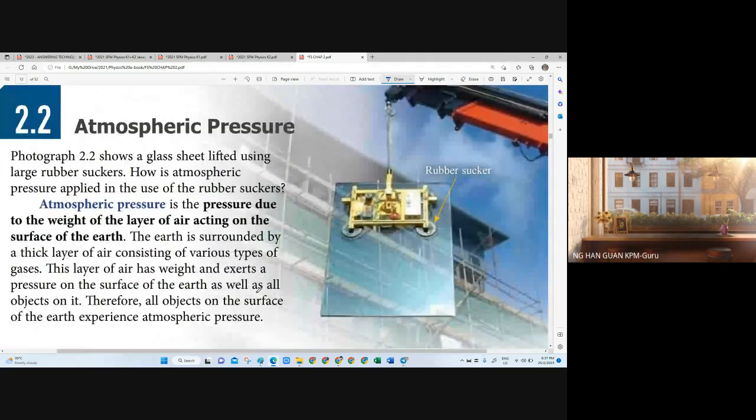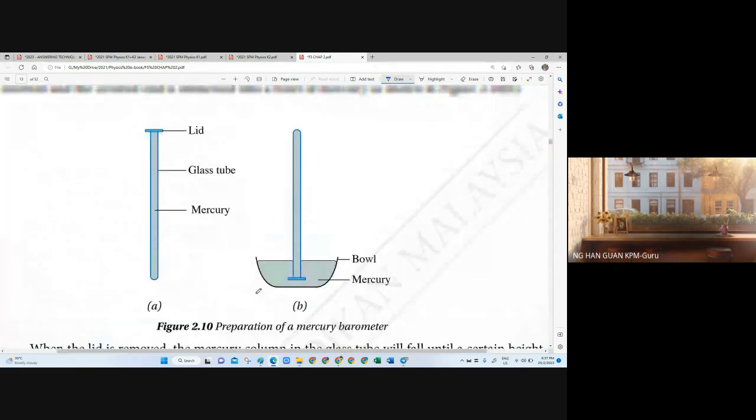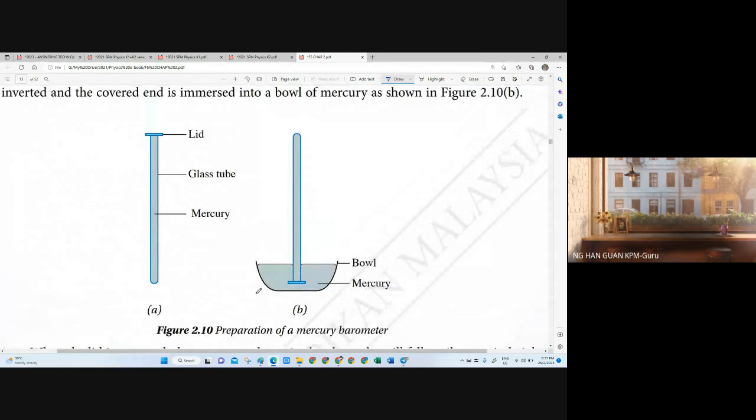Okay, so next one is atmospheric pressure. For atmospheric pressure, you need to make sure you understand this mercury barometer. As I explained just now, it's about how strongly the atmosphere can hold the mercury inside the glass tube.